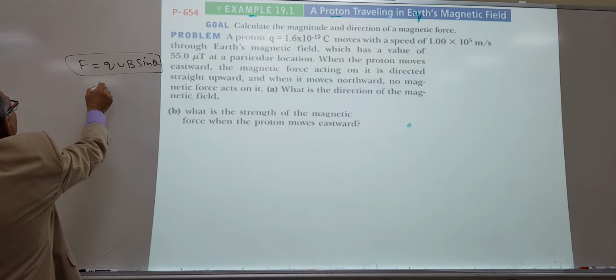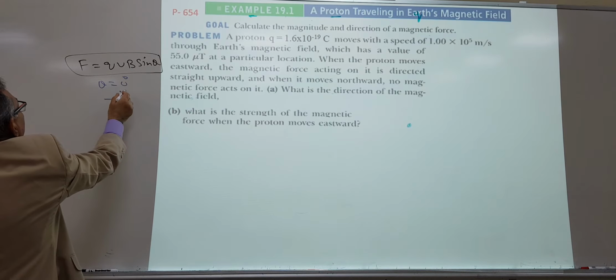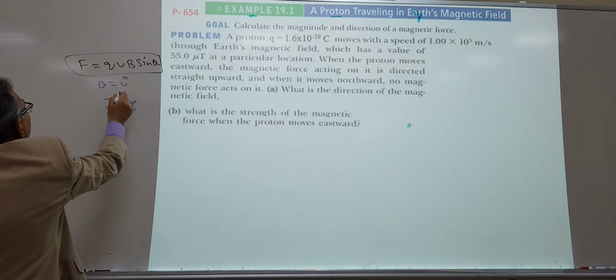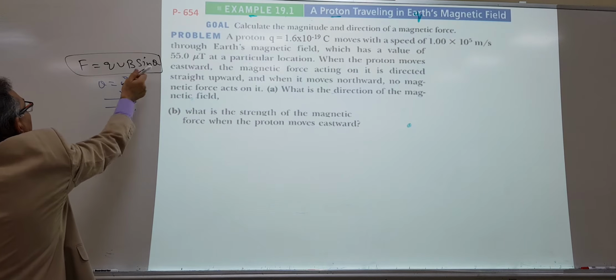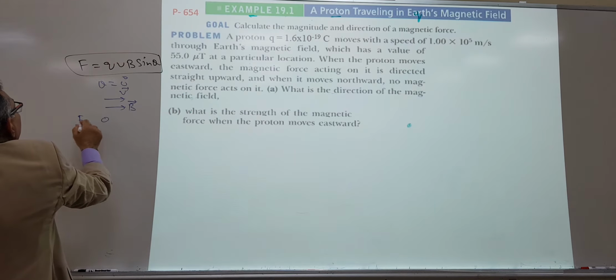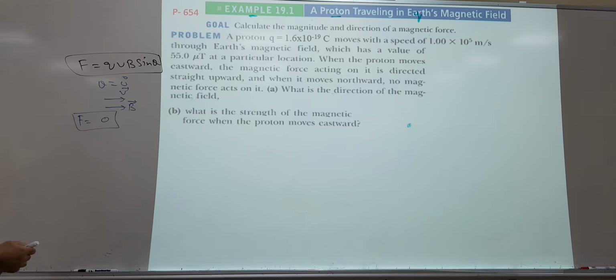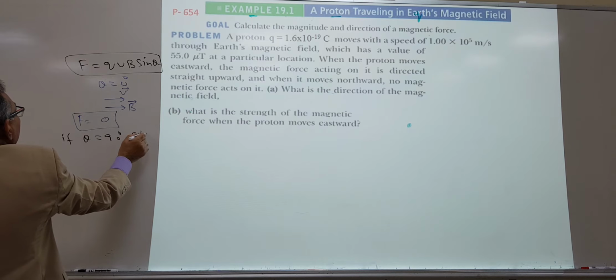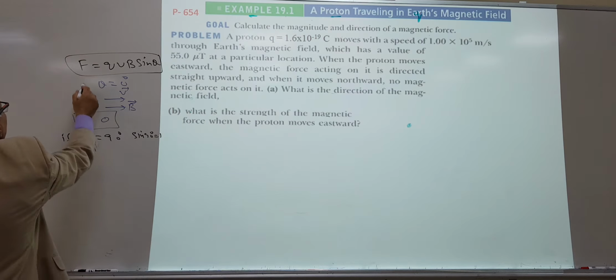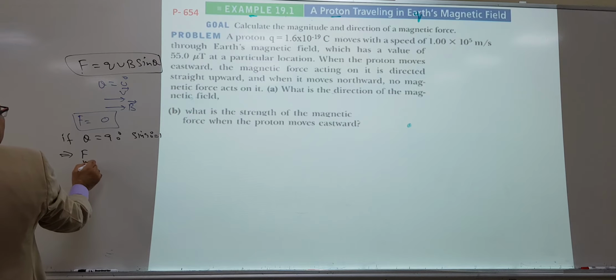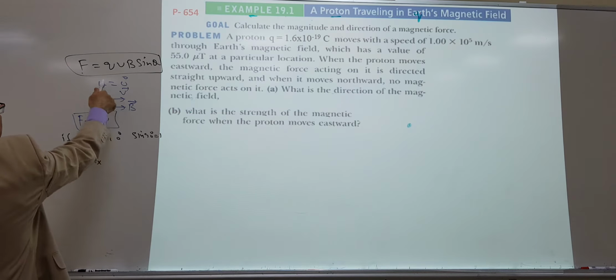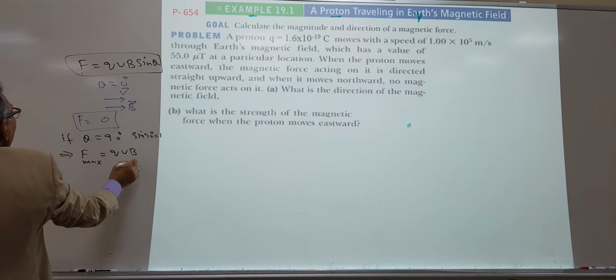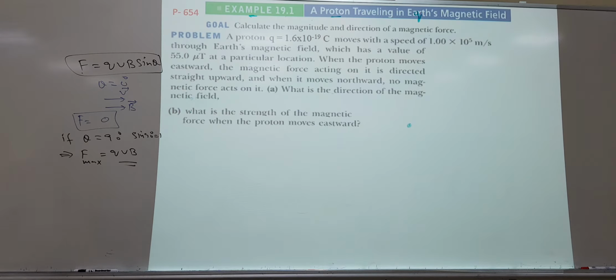If theta is 0, the velocity and magnetic field are in the same direction, and sine 0 is 0, so the force will be 0. If theta is 90 degrees, sine 90 is equal to 1, so the force will be maximum, QVB. Okay, this is how we can interpret. Let's go to this example.